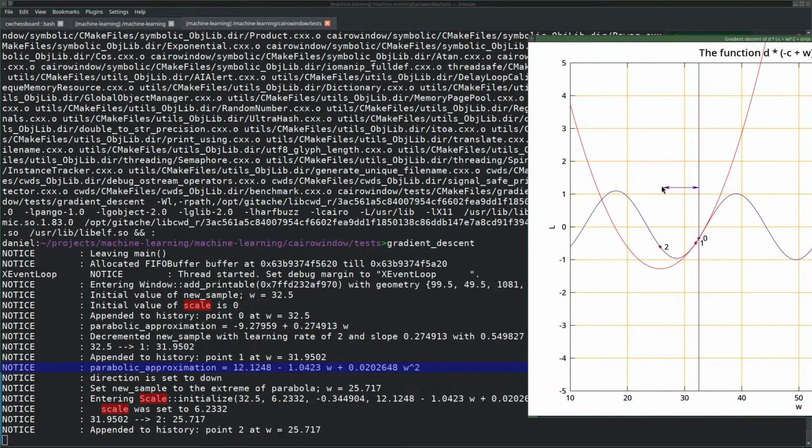Let's draw a dashed line here that goes through the vertex. The arrows are not always very clear, certainly not when the distance becomes very small.